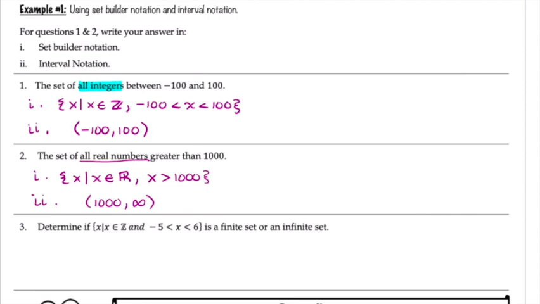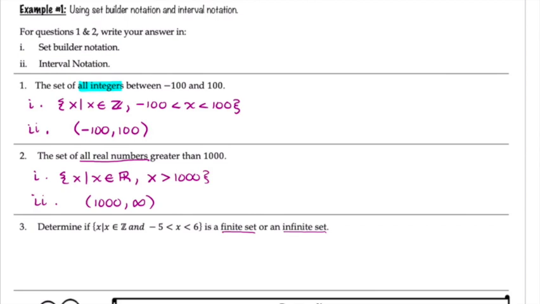And last one, determine if X such that X is an element of the set of integers and negative 5 is less than X, which is less than 6, is a finite set or an infinite set. So we do have two types of sets, something that has an end and something that keeps on going forever.